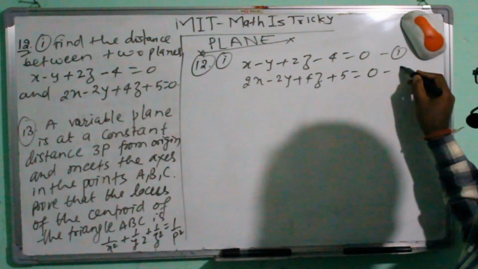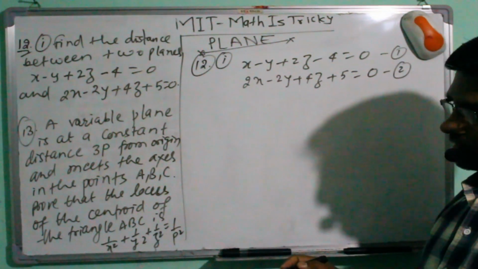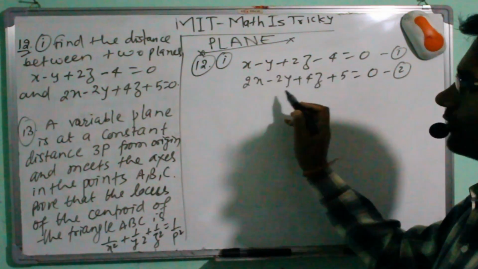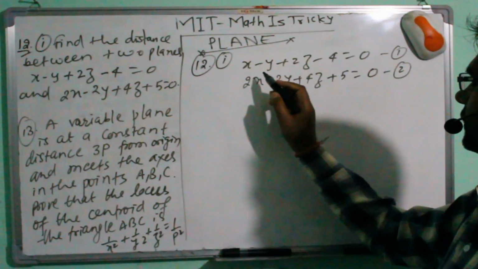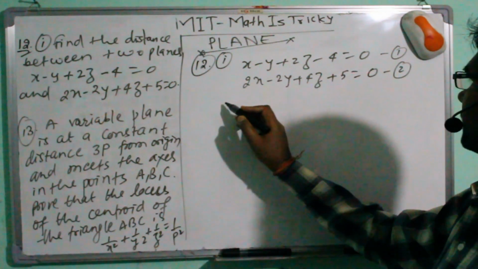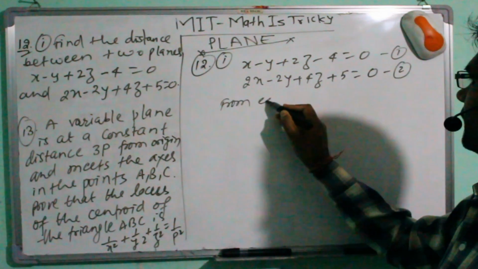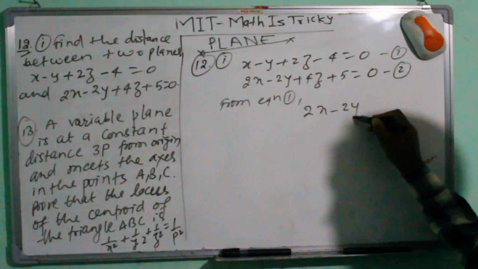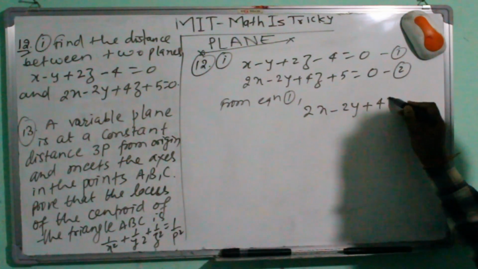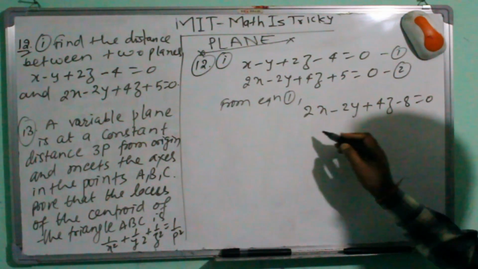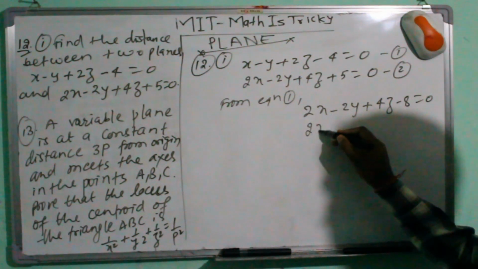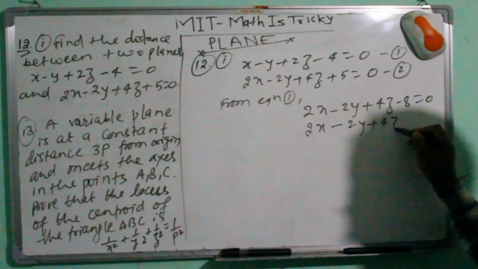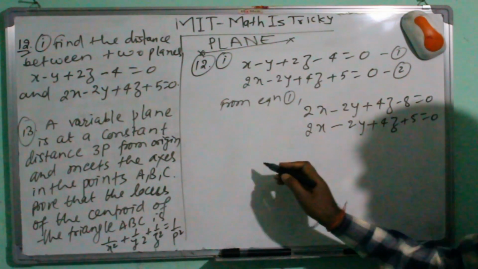Let's make the coefficients of x and y the same. From the first equation, multiply by 2: 2x minus 2y plus 4z minus 8 equals 0, and the second we copy as it is: 2x minus 2y plus 4z plus 5 equals 0.